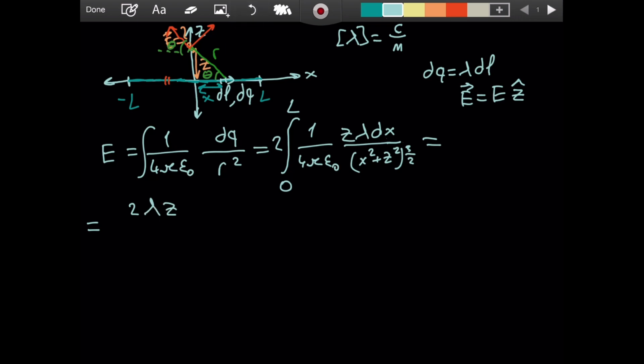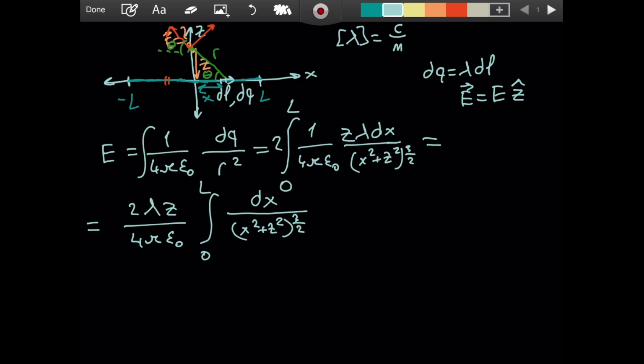I'm not simplifying the 2 and the 4 because 4 pi epsilon naught come together all the time. I want to leave them together. That's the only reason. You can, of course, simplify them. 4 pi epsilon naught. And then we have the integral from 0 to L of dx over x squared plus z squared to the 3 over 2.